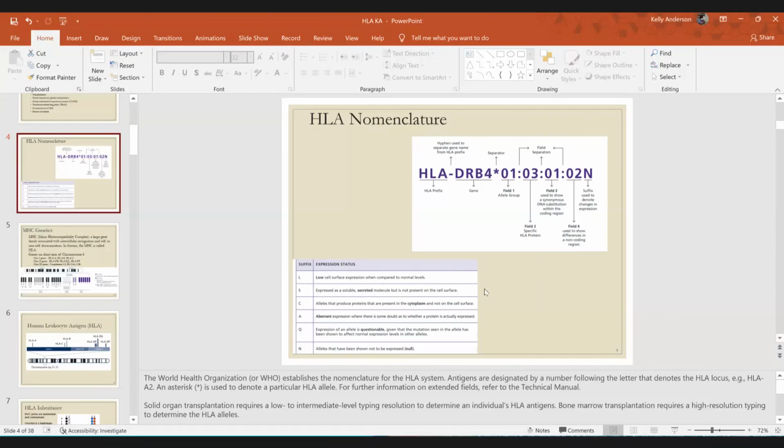So it's in solution. And then Q is basically kind of unknown what that change does to the antigen itself. So they found a DNA change, but they're not sure how that affects the actual antigen.